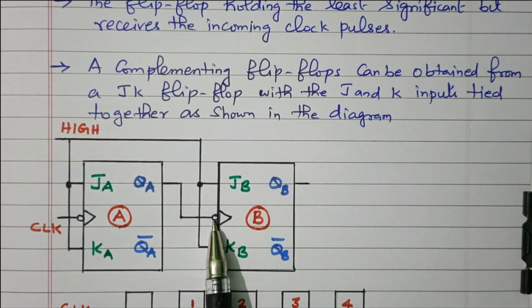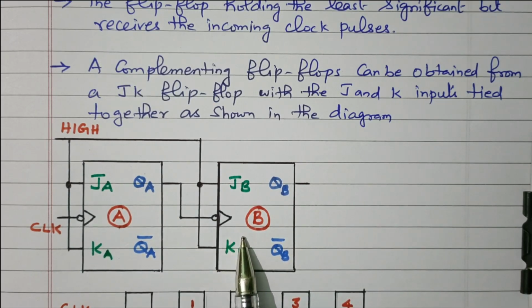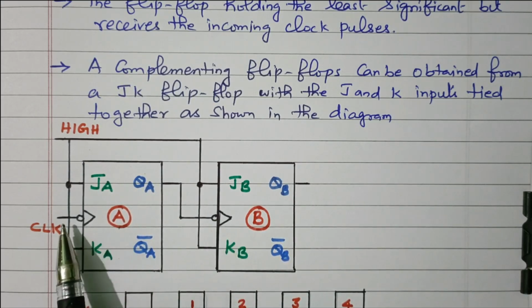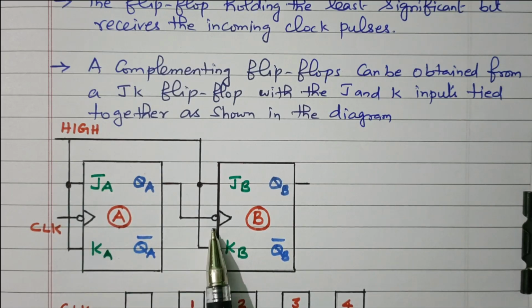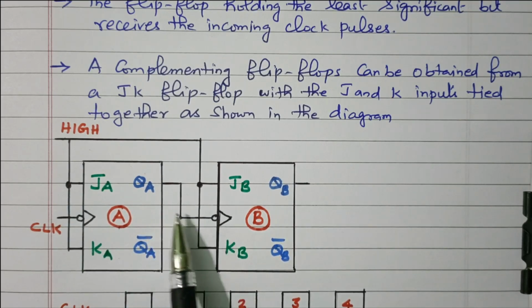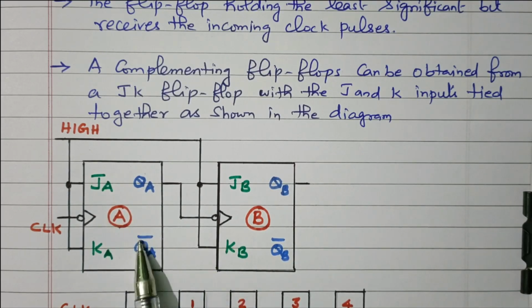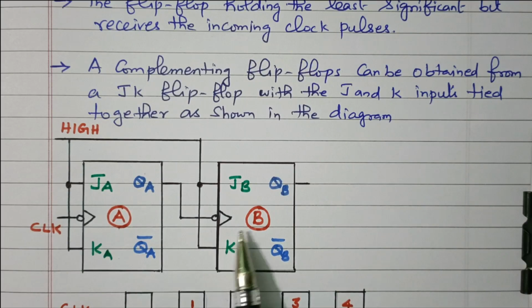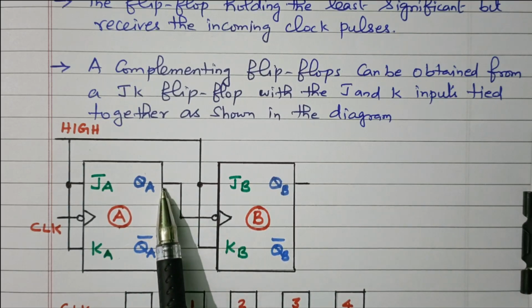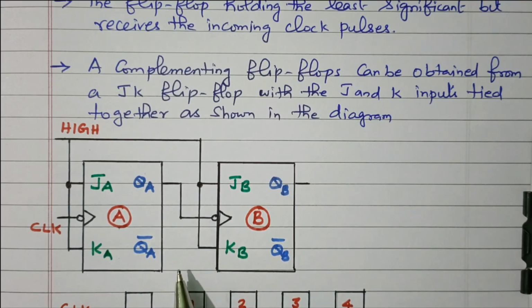QA is given as the clock pulse to the second flip-flop, right? First flip-flop gets the clock pulse. For the second flip-flop, the output of the first flip-flop is the clock pulse. So this flip-flop will respond to the clock pulse. This flip-flop will respond based on the output from the first flip-flop, right?